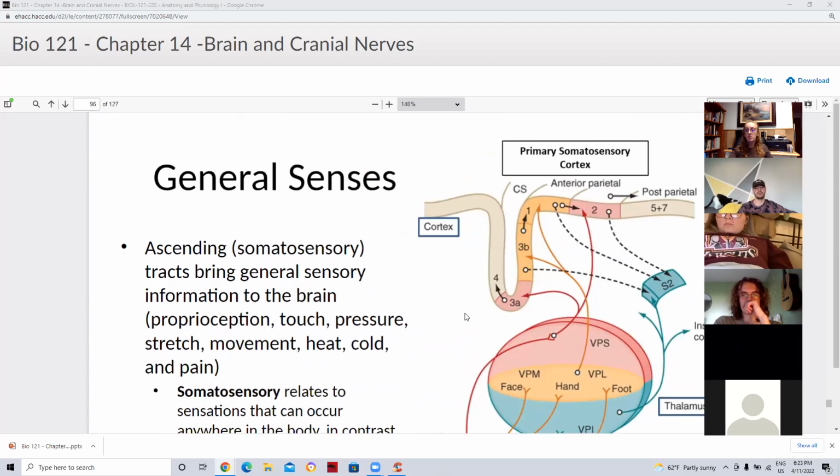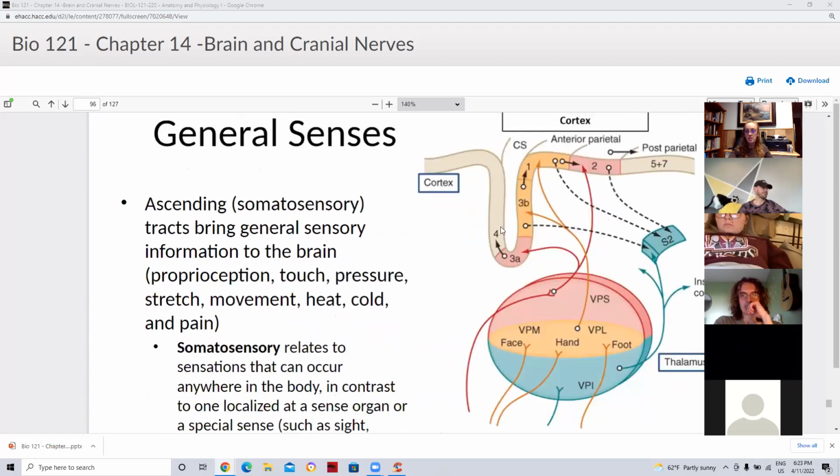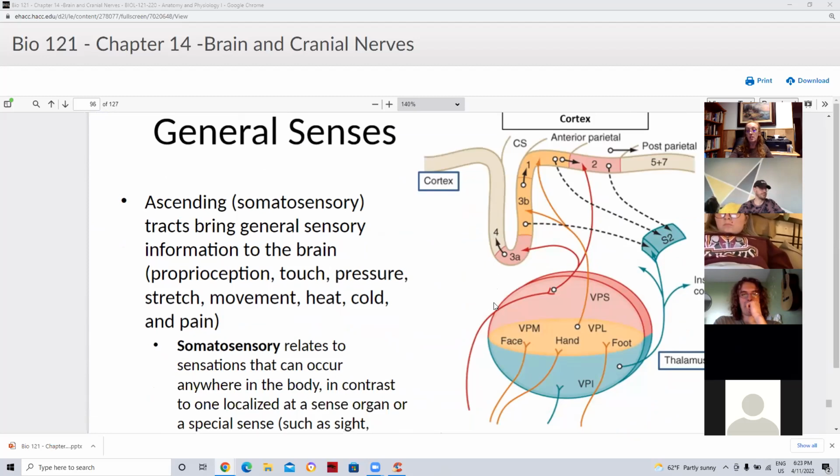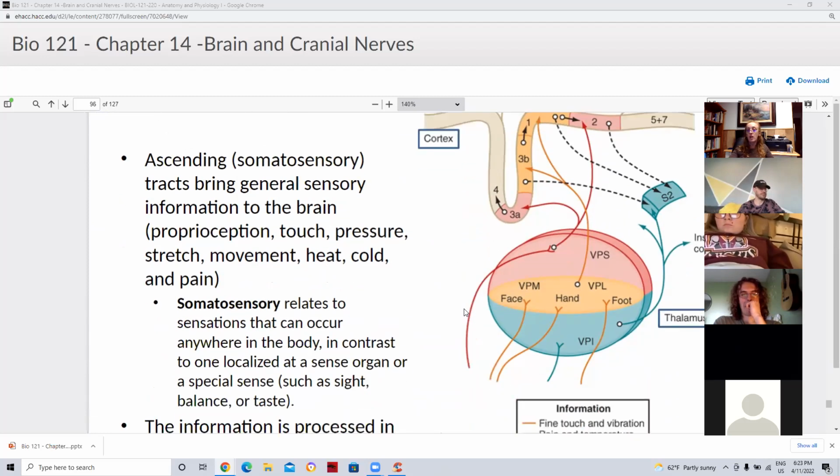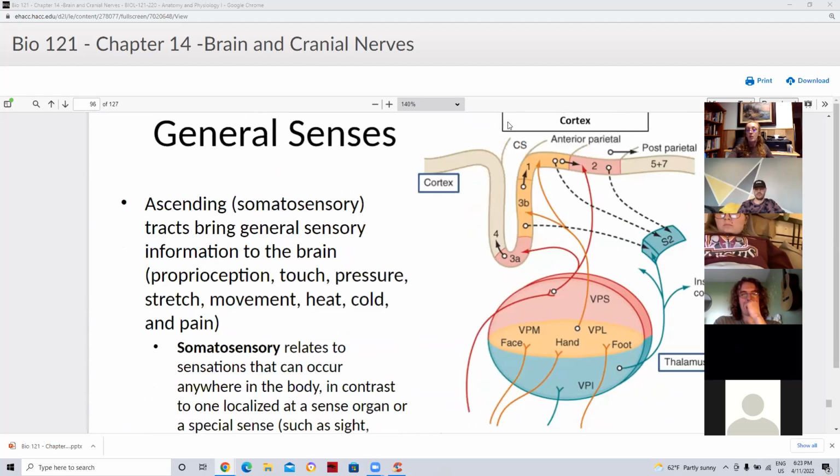So, general senses or somatosensory senses. Ascending tracts bring the general sensory information to the brain, and the somatosensory system relates the sensations that occur anywhere in the body, in contrast to one localized sense organ. So here we're looking at the central sulcus; the primary somatosensory cortex is right here.